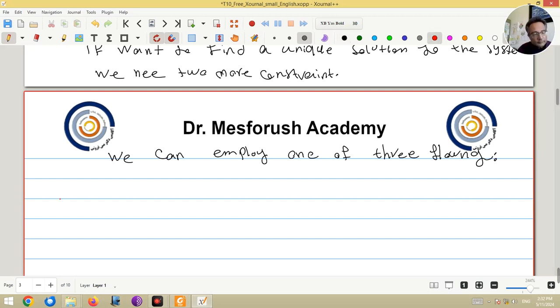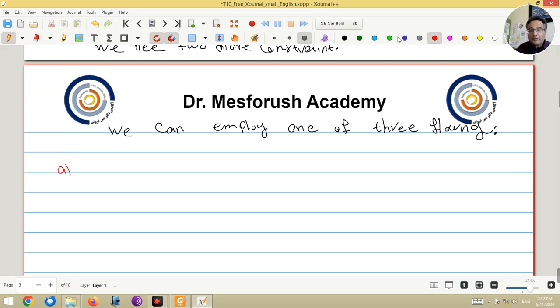Number 1: S double prime at a should be equal to S double prime at b, and in fact both of these should be equal to 0. So the first one gives us the first constraint, and the second one gives the second constraint.